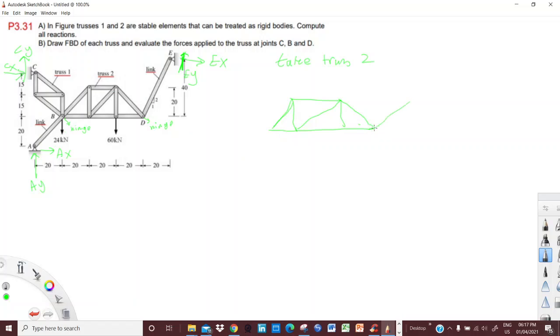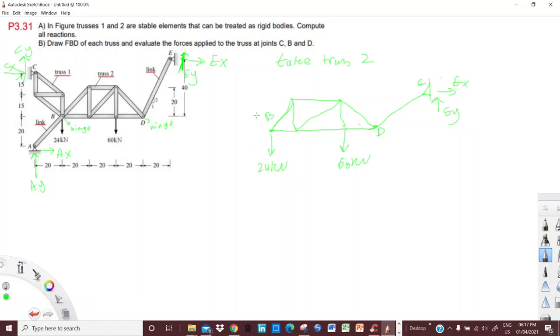Let's link it with D. And I have here E, which has Ex and Ey. I have here 60 kilonewton, and I have here the external load of 24 kilonewton.